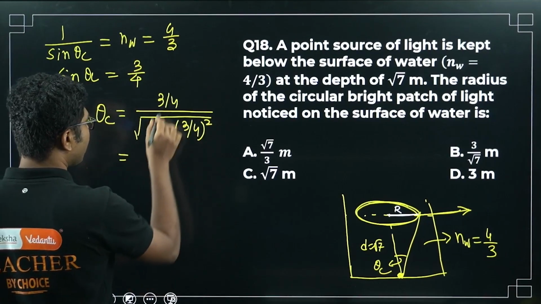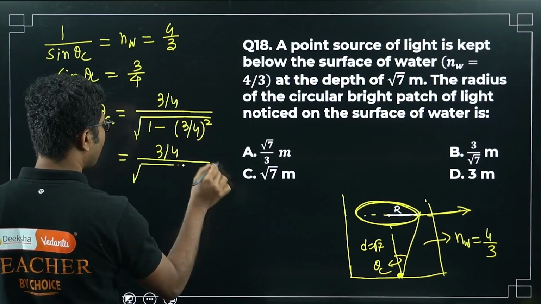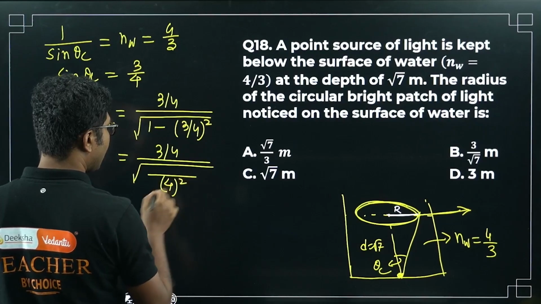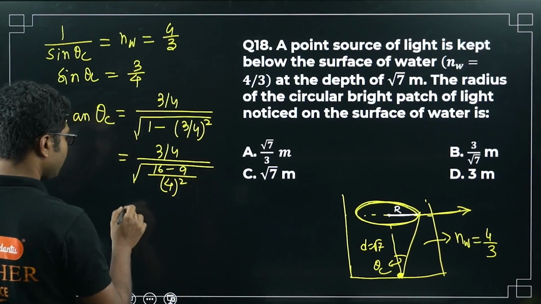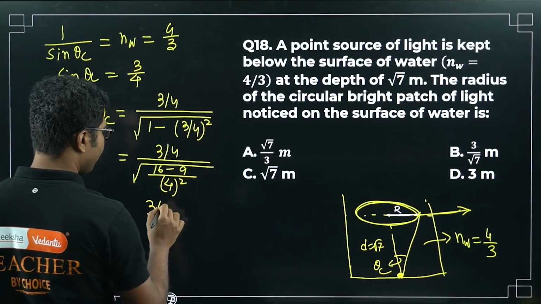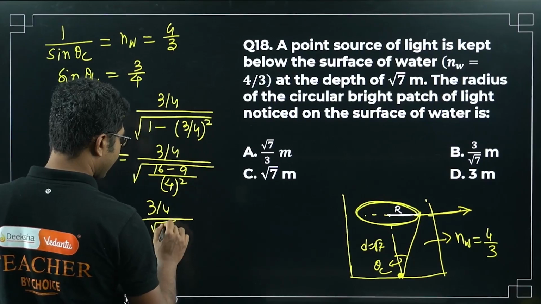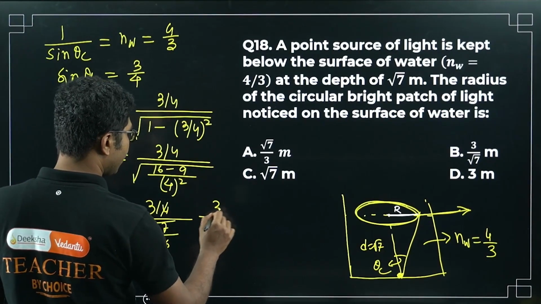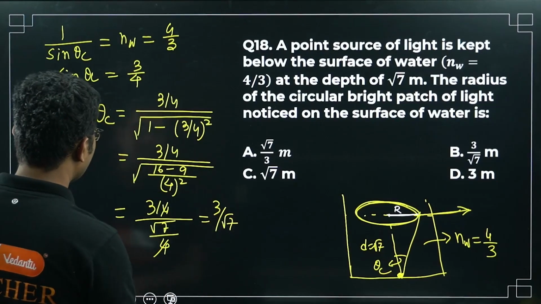So 4 square, it will be 16 minus 9. So 3/4 divided by √7/4, this 4 cancels, and 3/√7 is the answer. So 3/√7 is the value of tan theta c.